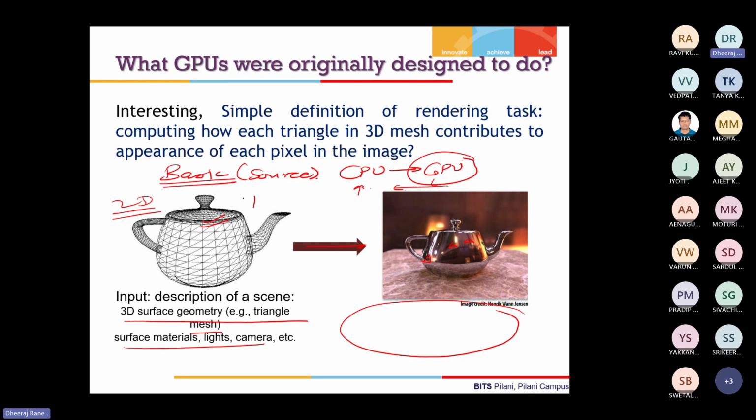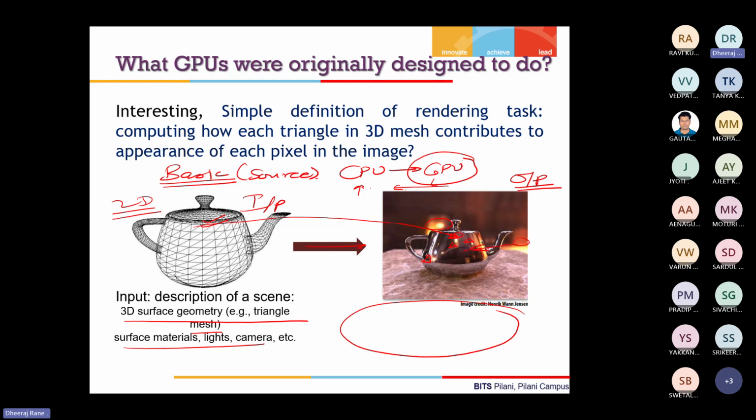If this is the input, then for generating this as the output, you can assume that it is divided into a mesh, and now each of these mesh cells is to be converted into the respective output based on various parameters, right? Such as where the light is coming from, and if the light is here or there, it will be reflecting somehow over here.